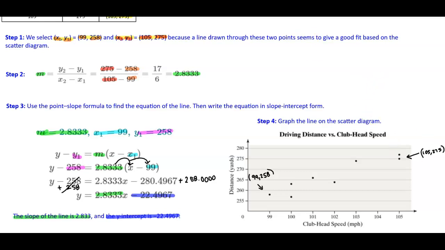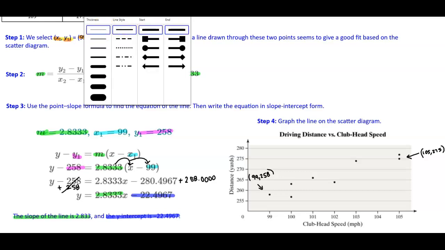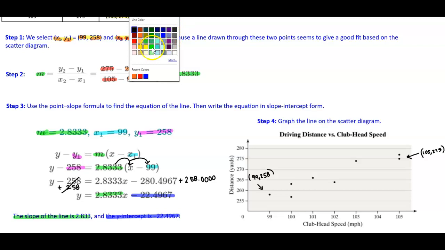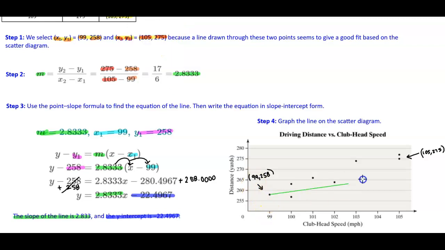So now we're going to create a line by just connecting those 2 points. So let's go ahead and do that. We connect the points, and there is our line. Okay, so let's write our line. What does that line represent?